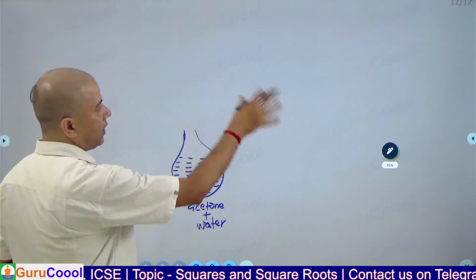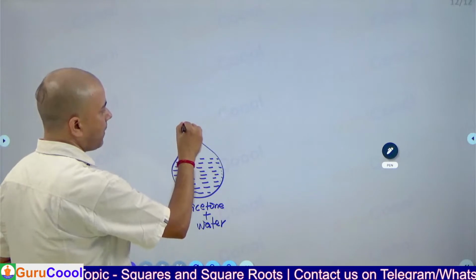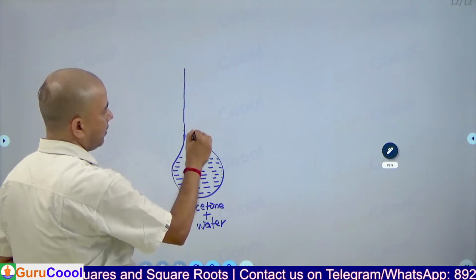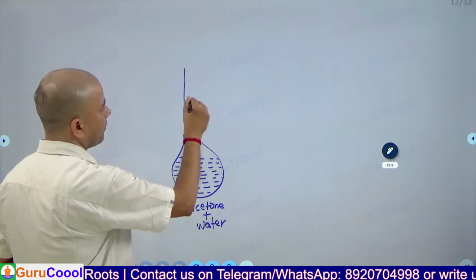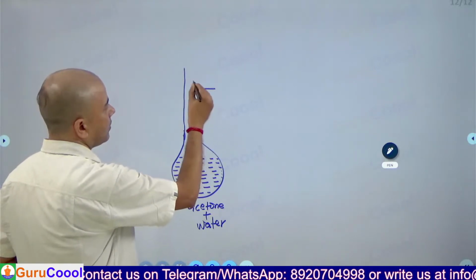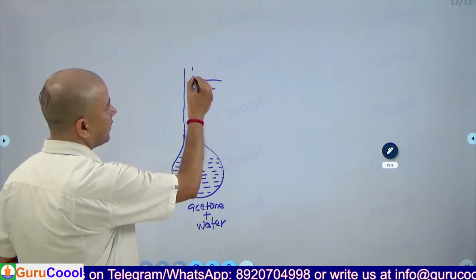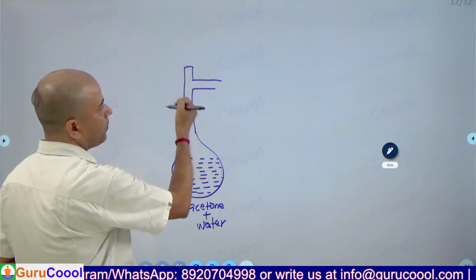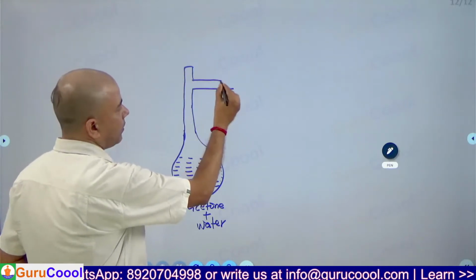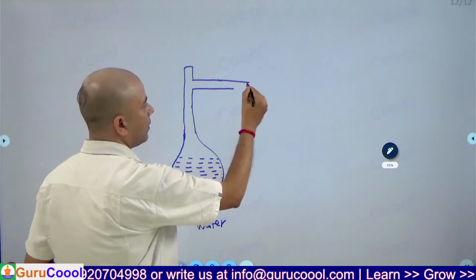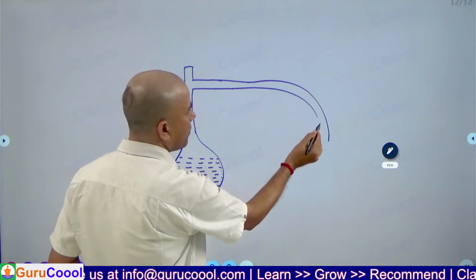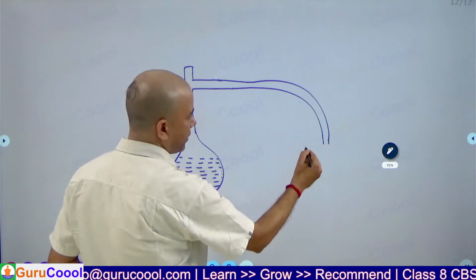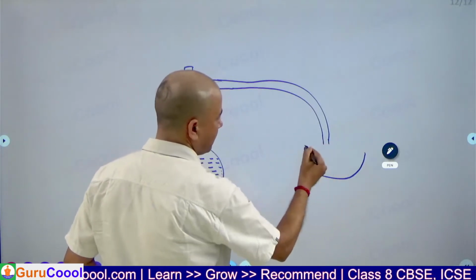You need an arrangement. You take a pipe fitted with it like this, connected with another pipe. It is closed on the top. Here is another container.